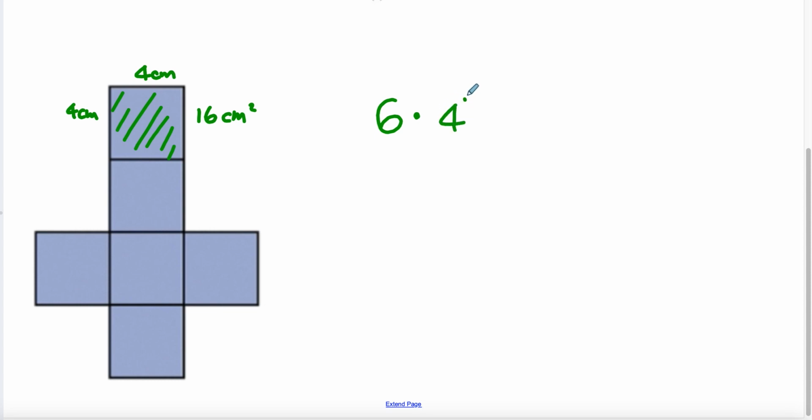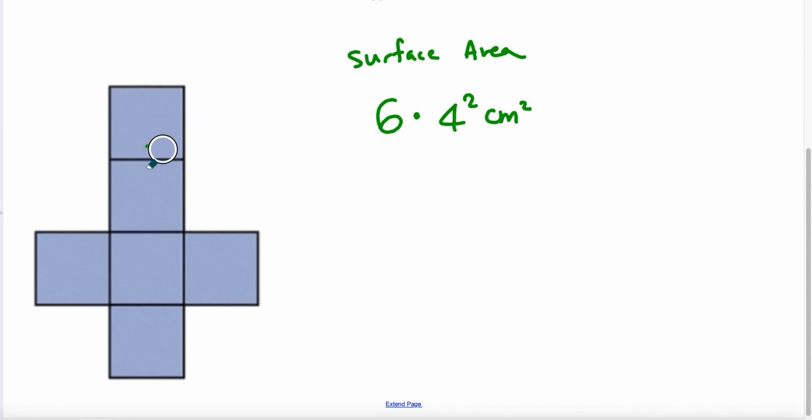So we have 6 times 4 squared, and you have units there as the surface area of a cube, right? If you are given any length, for example, A, whatever the unit is, and this is also A, because in the cube every face is a square.